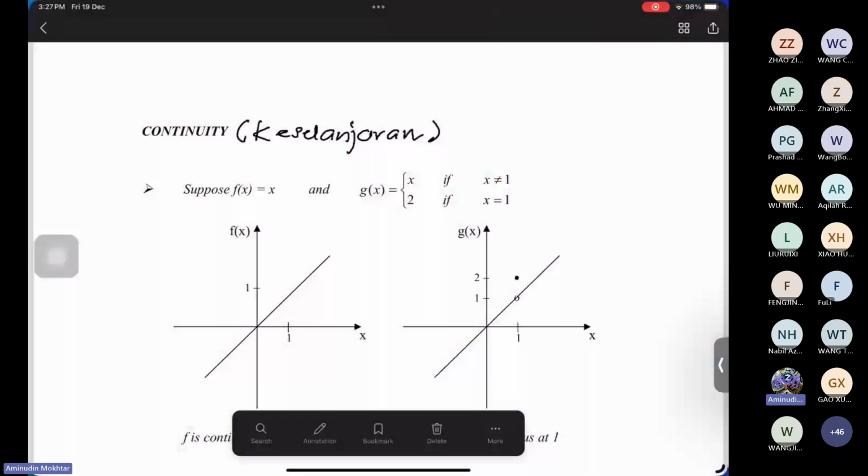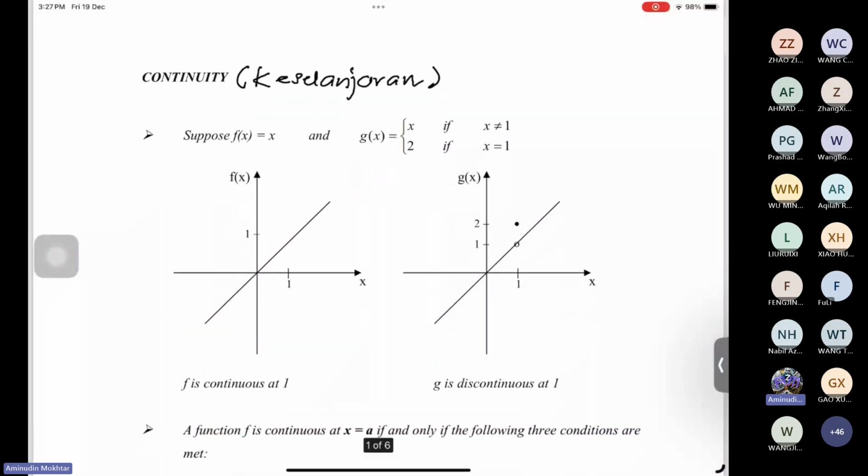Now, I would like to explain what continuity is. Continuity, in a simple word, we can say that there is no break, no hole in the graph.